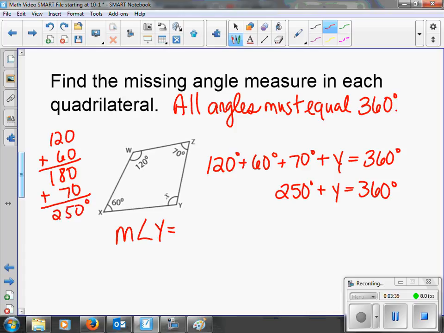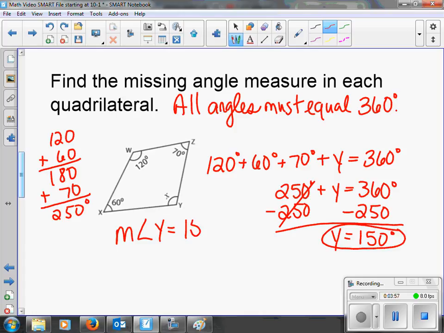You need to see that, okay? Then we subtract 250 from both sides, and we get what? The answer is 150 degrees. So y is 150 degrees. Okay. So you want to write all this down and circle your answer.